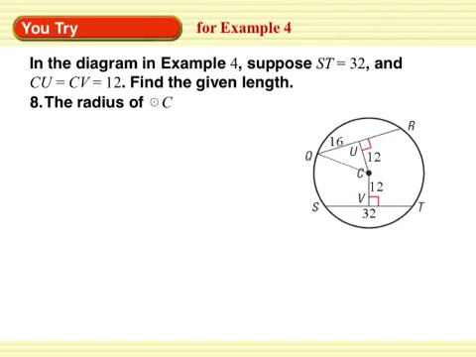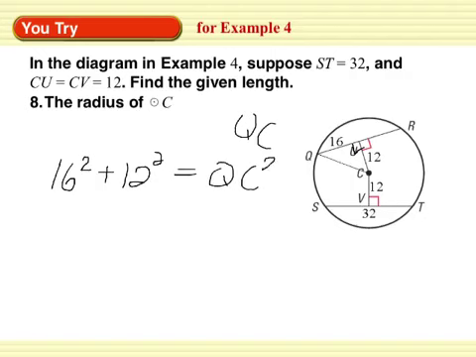And the radius of circle C. Look, they drew us a little triangle here to help us figure it out. Okay, that's the hypotenuse. Let's erase that because you probably can't see it very well. This is the right angle, so QC is the hypotenuse. So we get 16 squared plus 12 squared equals QC squared.